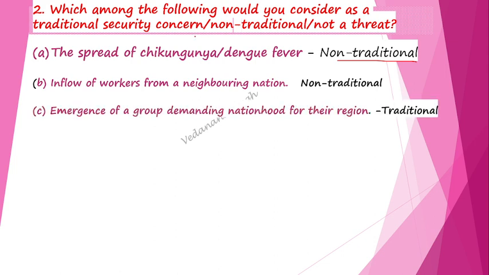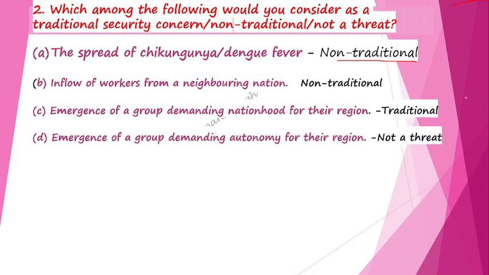Now next, C: emergence of groups demanding nationhood for their region. This is traditional. The next, second last: emergence of groups demanding autonomy.